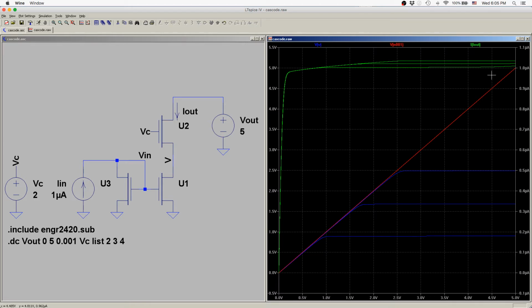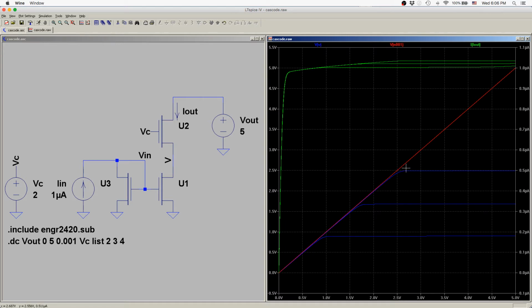And you can see that this very flat part of the drain characteristic corresponds to the distance between Vout and this voltage V being quite large. And you can see that as Vout is changing, this voltage is basically being held constant by the cascode transistor. But the corresponding point where there's a knee in this curve is where the cascode transistor falls out of saturation.